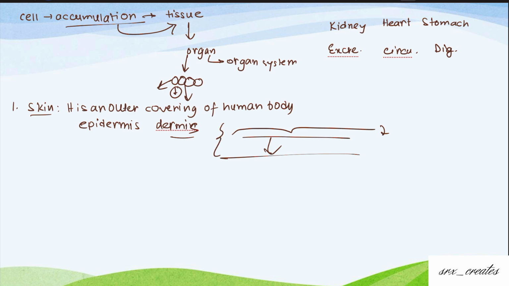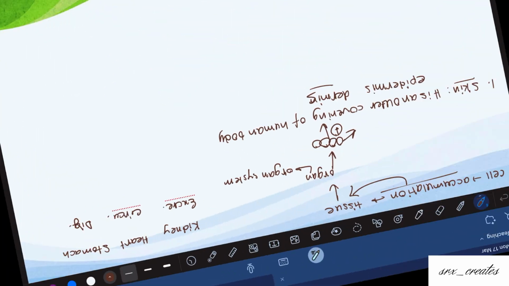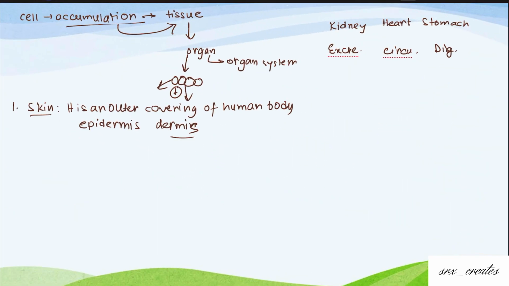So this is the layer combination. I don't remember a specific example right now, but you can write in the comment section. The main thing in my topic is that these two layers, epidermis and dermis, are the main concept we are focusing on. You just have to write the layers which are being taught here.